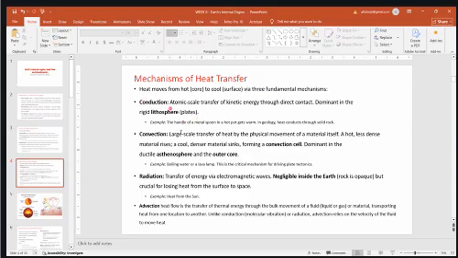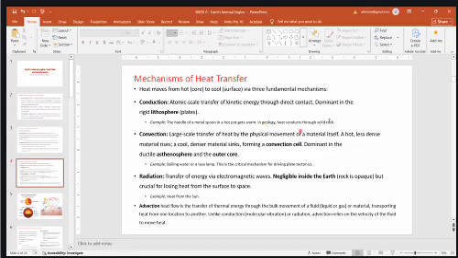Conduction is a type of heat transfer that happens when you hold a metal spoon that is hot at one end. You later realize that the end you hold, that was cold, becomes hot. That is conduction, because heat is conducted from the hot place to the cool place.